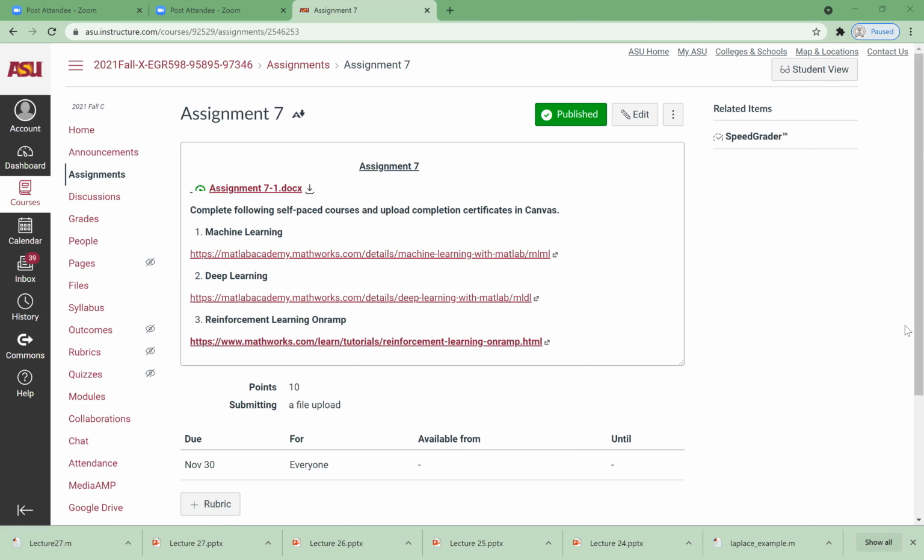So the idea is, at the end of the class, you should be exposed to the concepts in linear algebra and the applications of linear algebra. You can use Matlab or any other software to work out the problems. But at the end of the day, you need to either type or write those answers neatly on a piece of paper, scan it and upload it as one single file.